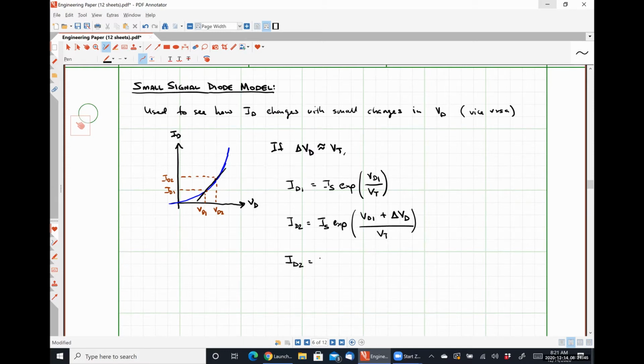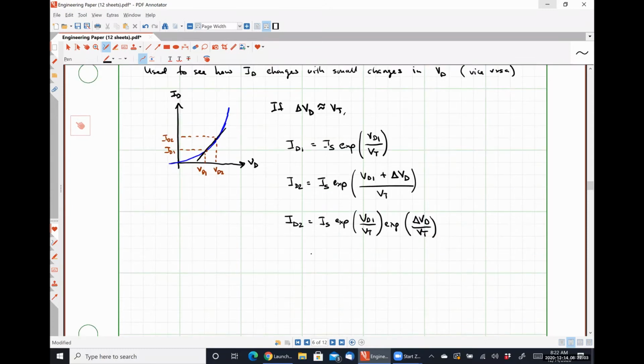We can split our exponential function up into two exponential functions. And this gives us ID1 multiplied by the exponential of delta VD over VT.